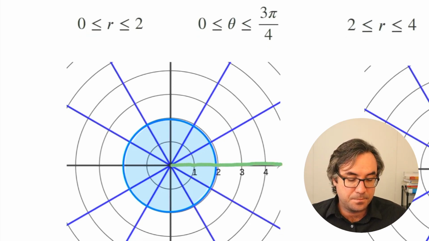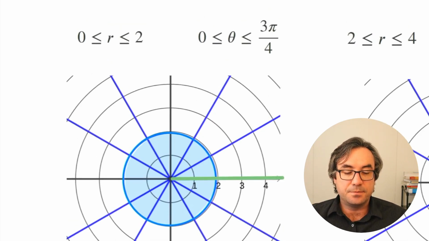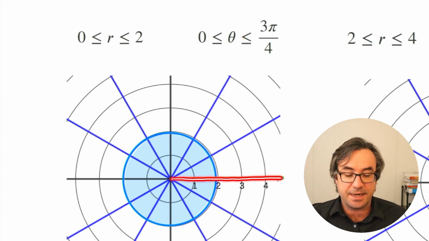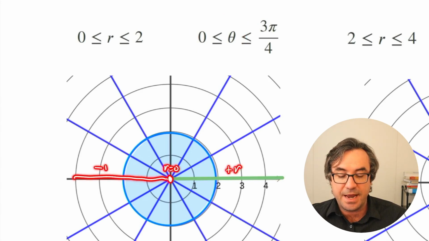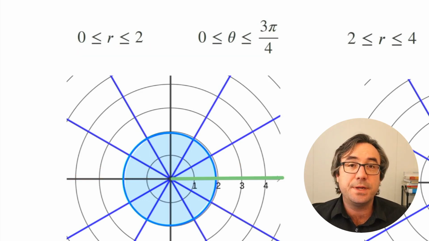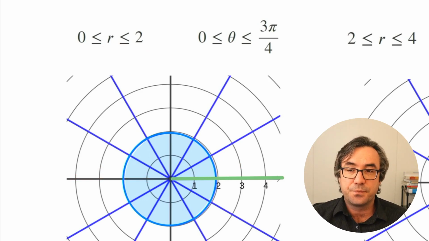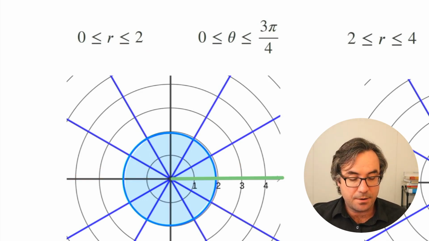Technically, theta equal to 0 would give us the entire x-axis, because we would have the positive r portion, r equals 0, and then the negative r portion. But for our case, we're only considering positive r values here. So this is going to be our theta equal to 0.